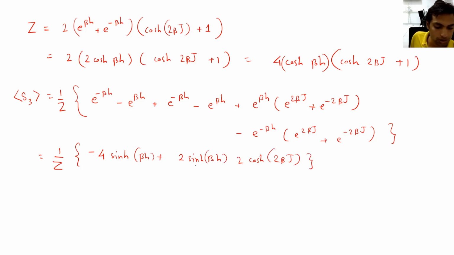Now what we have is this, we can take common as 4 sine hyperbolic beta h, this we took common, and we are left with 2 cos hyperbolic 2 beta j minus 1.